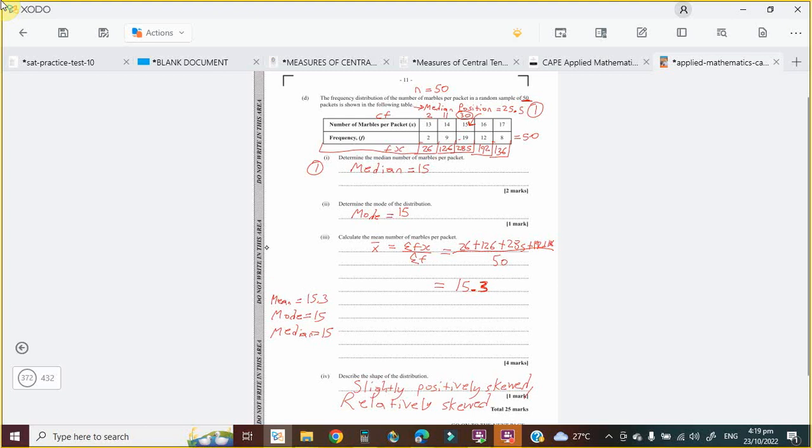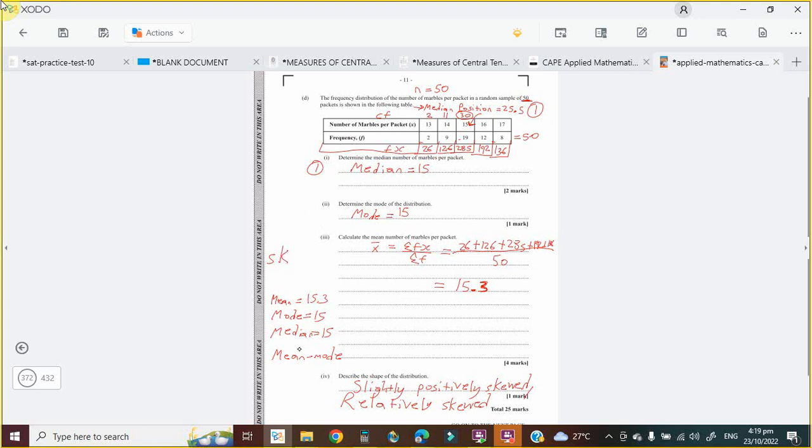We did that last week, Tristan, so remember, mean minus mode is skewness. This is the skewness formula, mean minus mode. Yes, with the box plot we did.